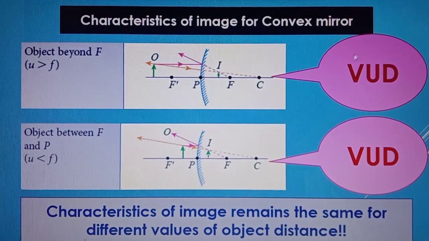It's quite easy for you to memorize actually. But I suggest you try to sketch the ray diagram so that you will understand better how to get the position of the image. By using the ray diagram, you need not memorize. You will also get the virtual, upright, diminished characteristic of the image.